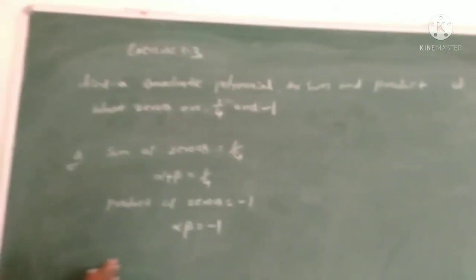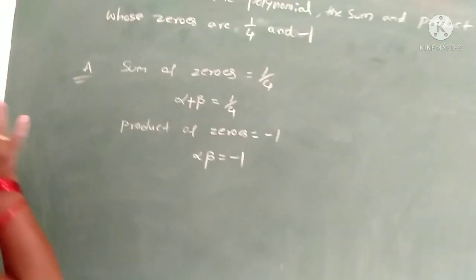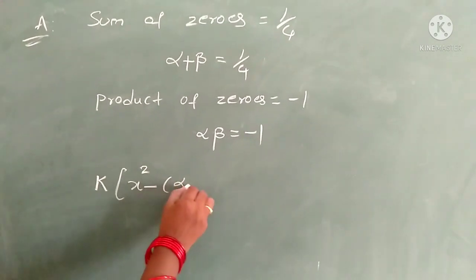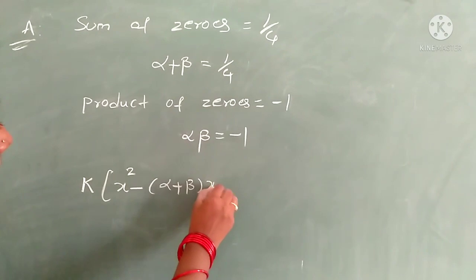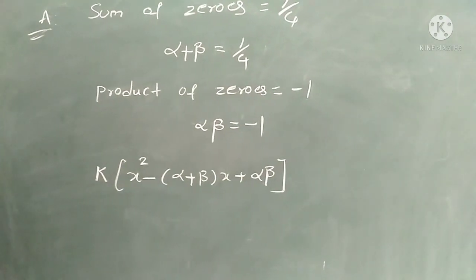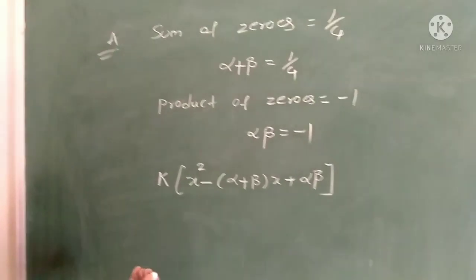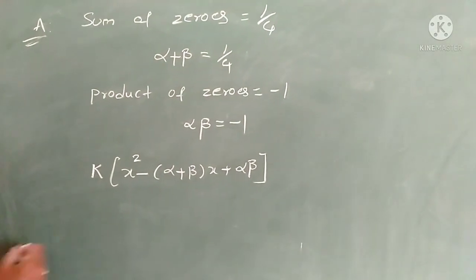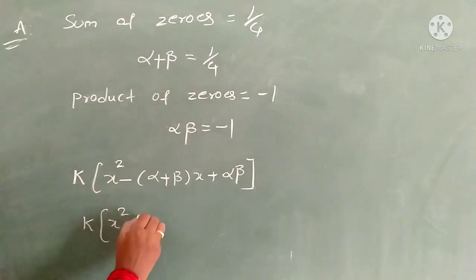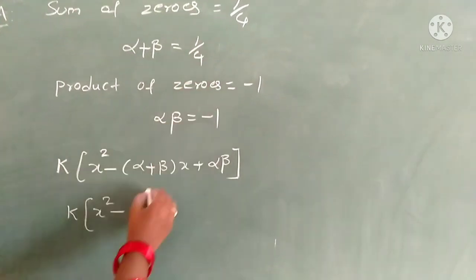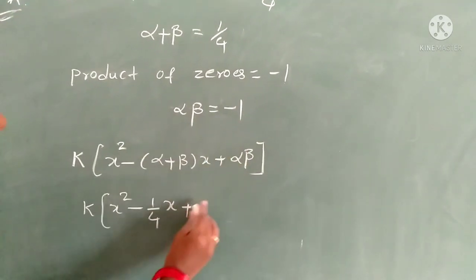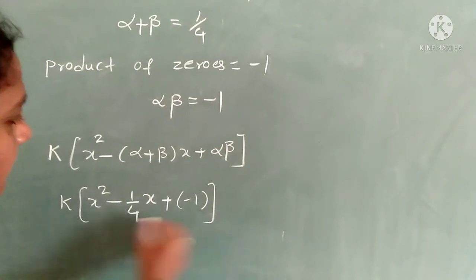What is the quadratic polynomial? We know the zeros: k into x square minus alpha plus beta x plus alpha beta. We substitute the alpha plus beta and alpha beta values in the quadratic polynomial. So k into x square minus alpha plus beta value 1 by 4 into x plus alpha beta value minus 1.